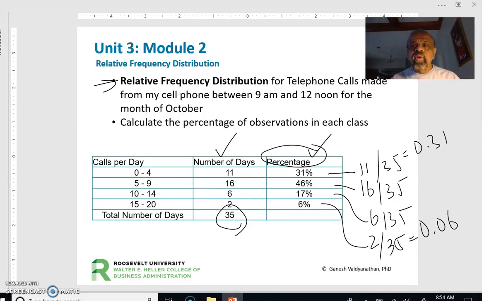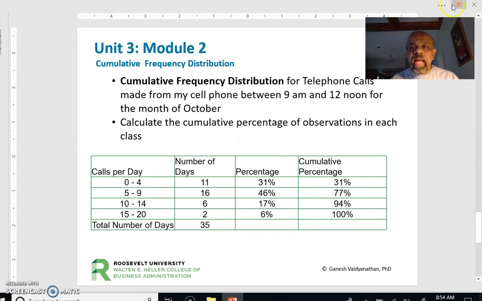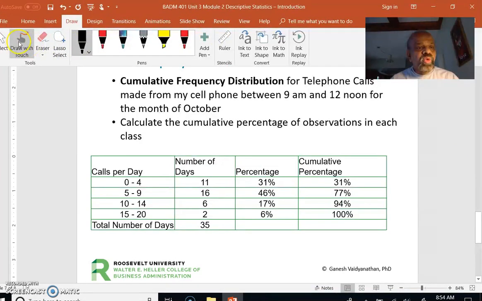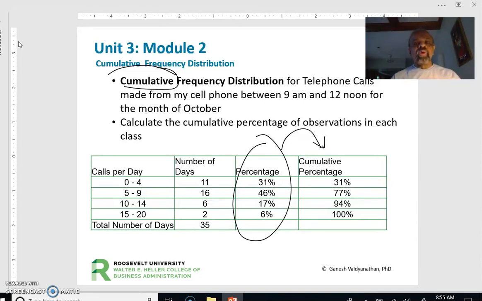Now I'm going to go one step further, and that is to calculate the cumulative frequency. I've calculated the percentages in my last slide. How do I do the cumulative frequency? For the first bin, 0 to 4, it is strictly the same thing, the 31%.